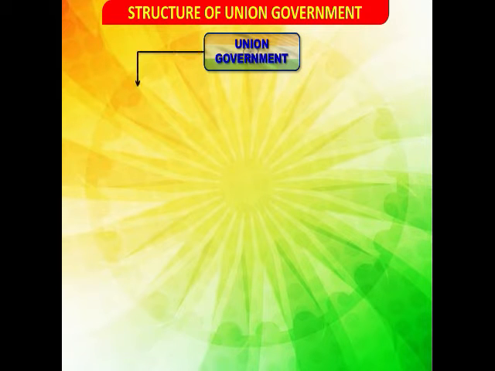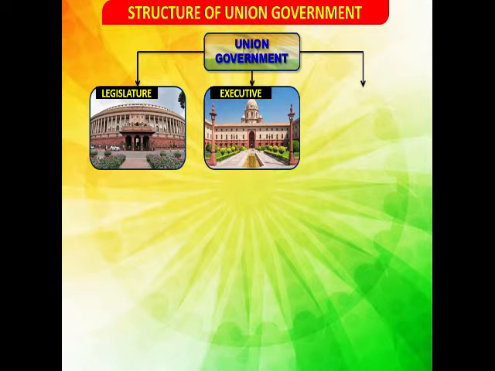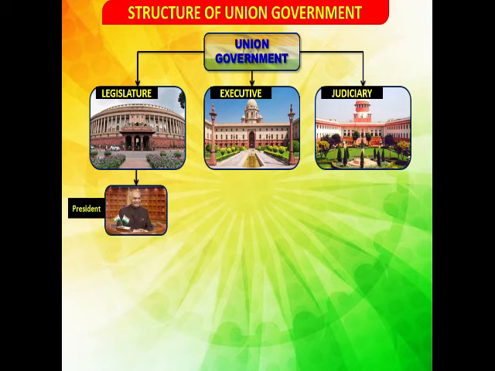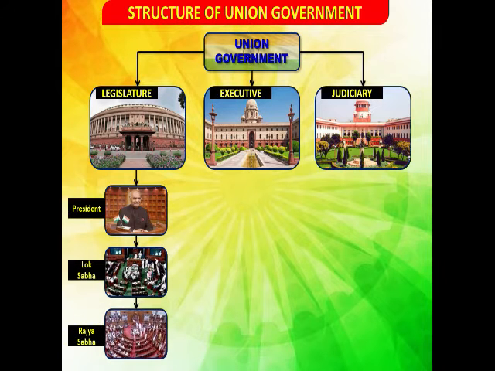The Union government has been structured into three major divisions: the legislature, executive and judiciary. In the legislature part, there are the President, Lok Sabha and Rajya Sabha. Our parliament has been divided into two houses, namely the Rajya Sabha and the Lok Sabha.